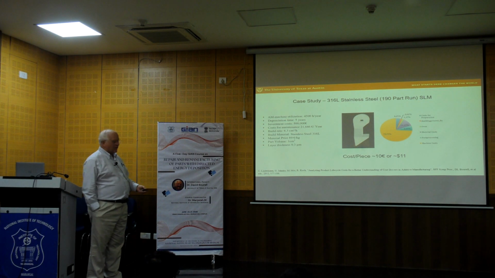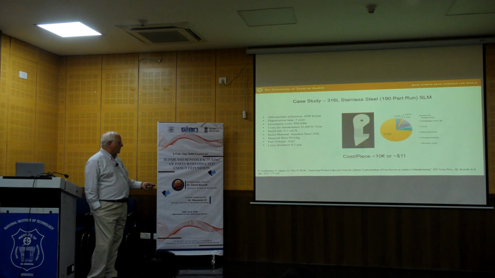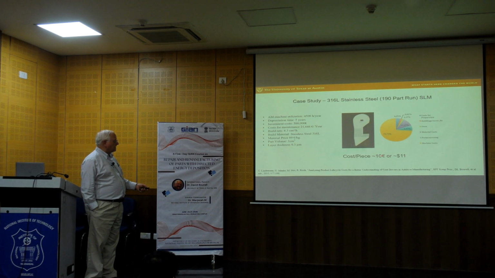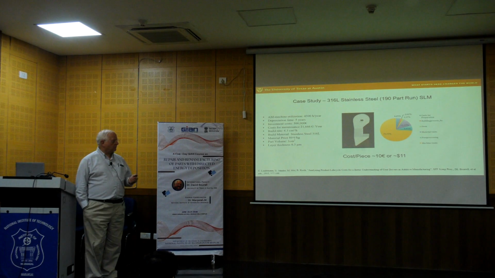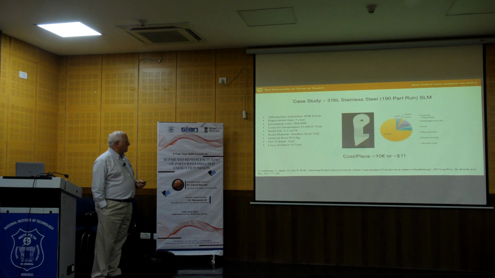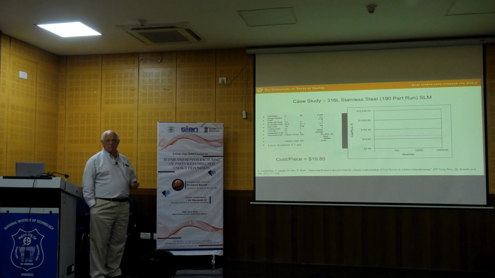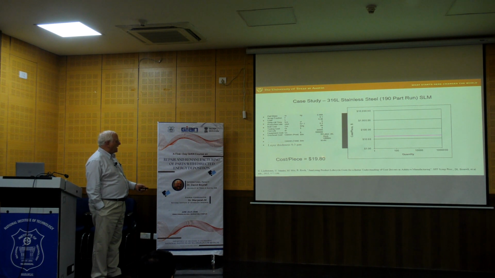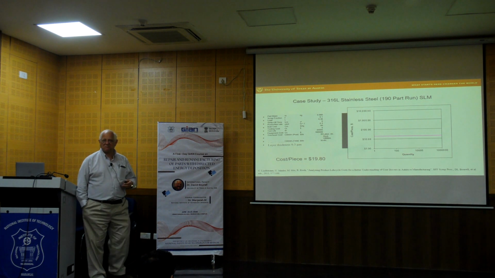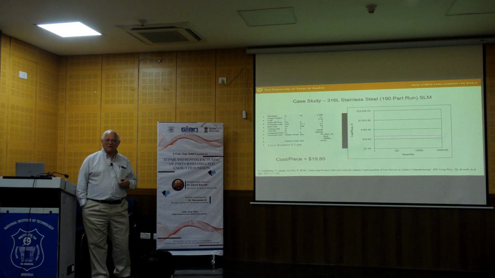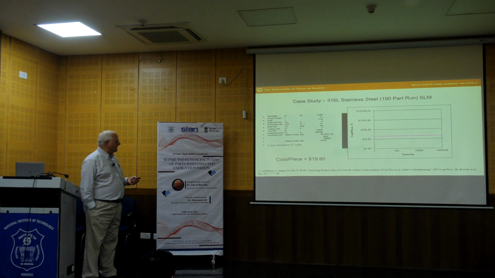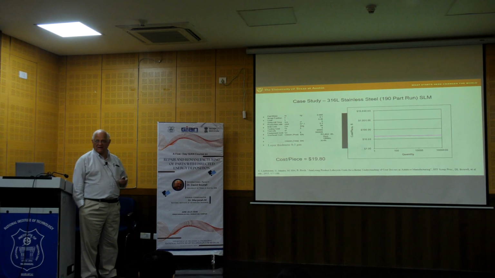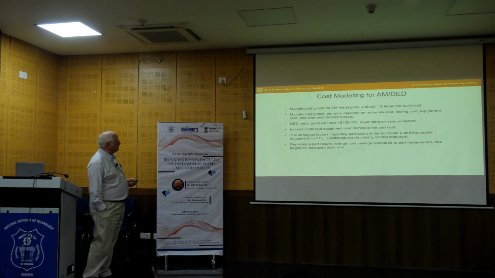When they did their calculation, they came up with about 10 euros, maybe $11 for this part. Now, if I use my model that I presented and substitute in the appropriate parameters, I come up with about $20, which is not too bad, all things considered. So again, we can sort of confirm or validate the model with this example.